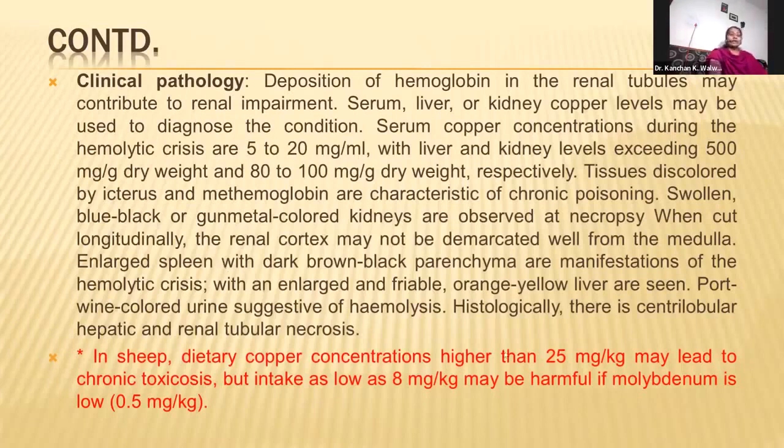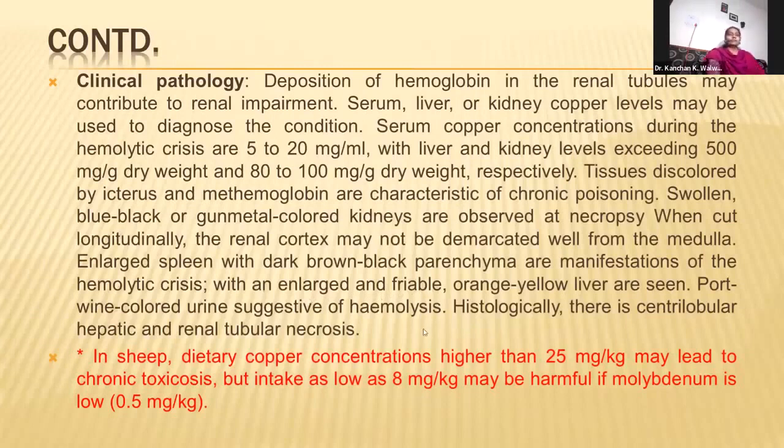So there will be an enlarged spleen and dark brown black colored parenchyma, which is again indicating hemolysis. Because of hemolysis, the byproducts of the RBCs and the hemoglobin are reaching the spleen, and because of that, the spleen is getting engorged, and that will lead to splenomegaly.